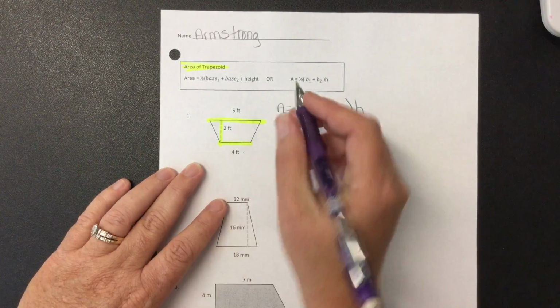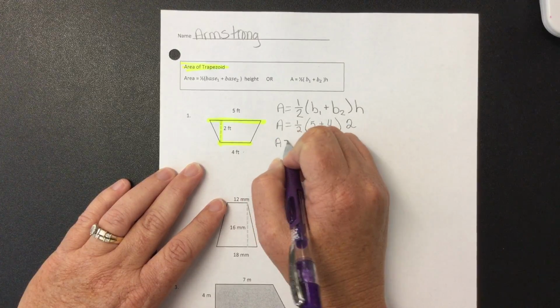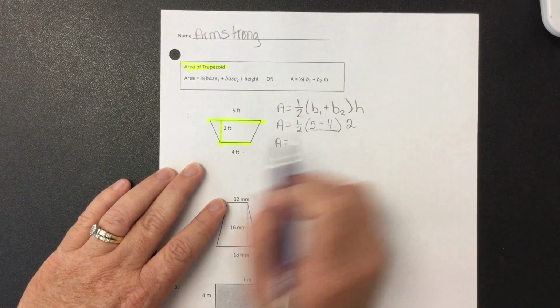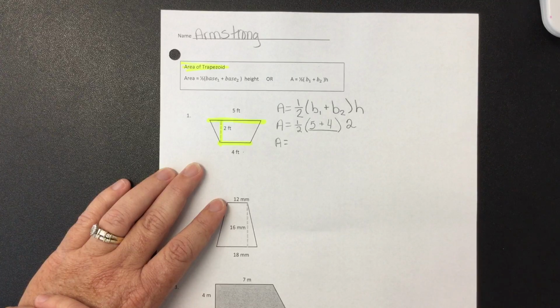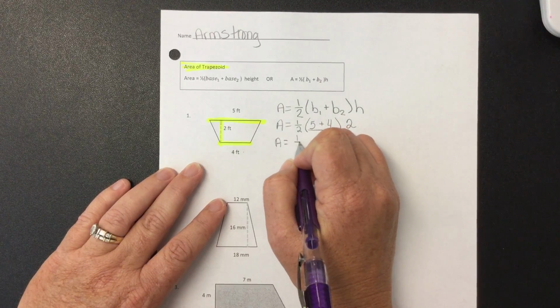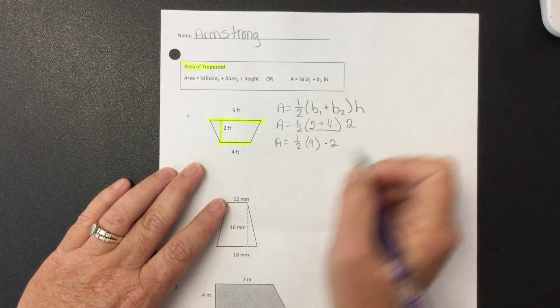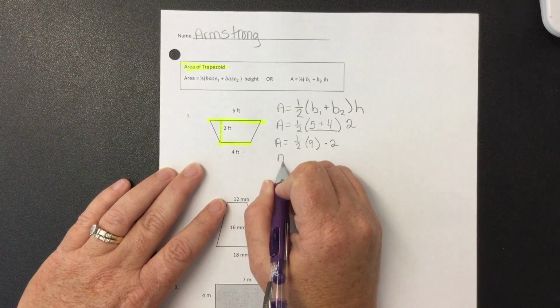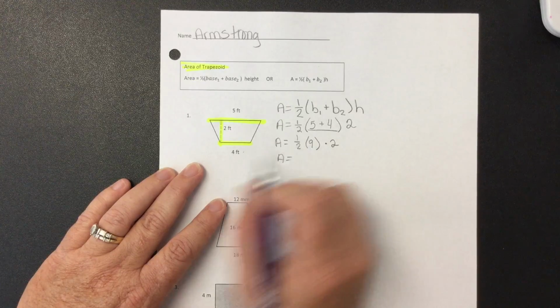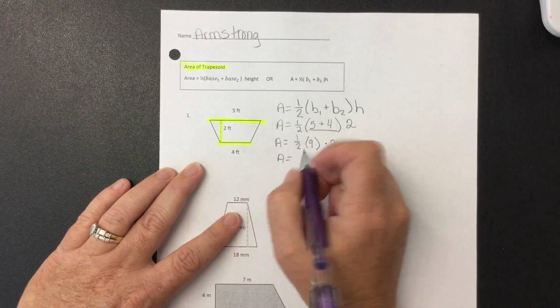Now I'm going to go ahead and start solving this. Order of operation tells me I'm going to add, which is 5 plus 4 is? 9. All right. Half of 9 is? 4.5.